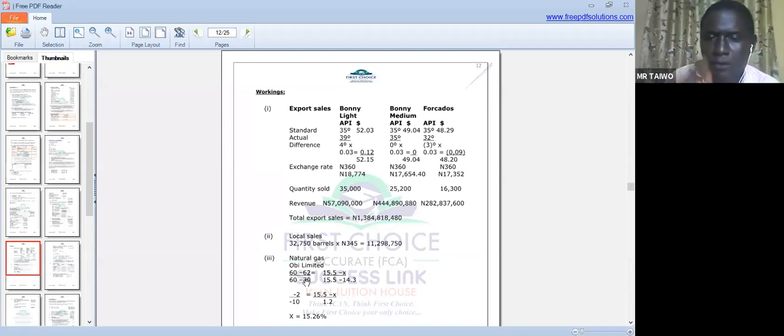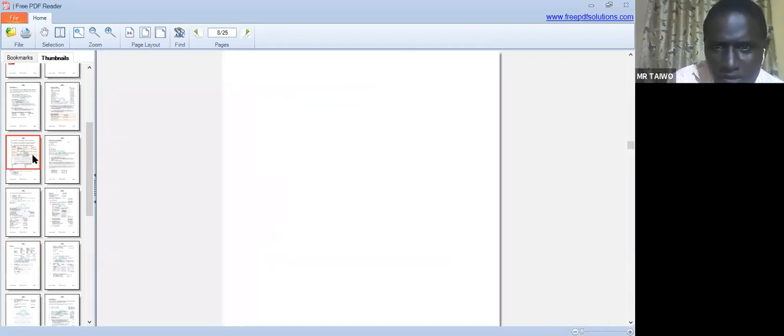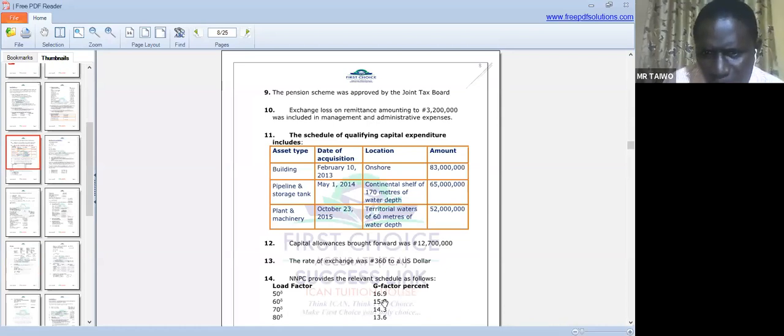Now, you already know the G factor for 60 to be 15.5. For 70 it was 14.3. So if I say 60 minus 62, I'm looking for 62, I'm now saying over 60 minus 70. You understand what I'm saying now? Before you know it, you'll be able to get that.